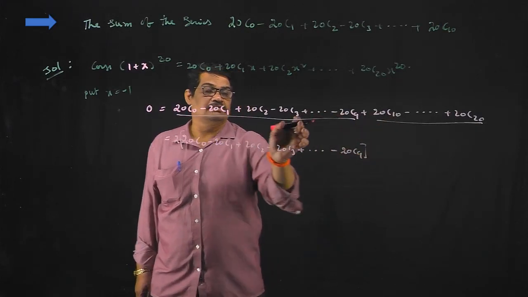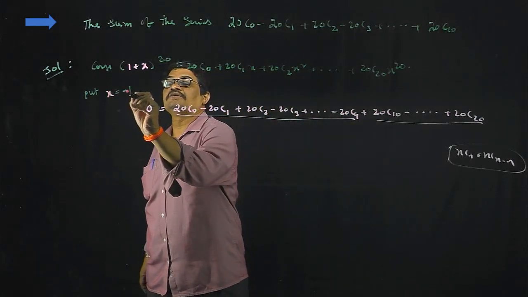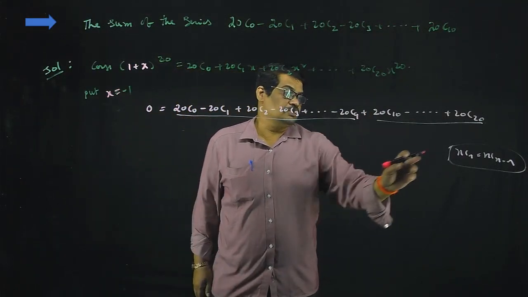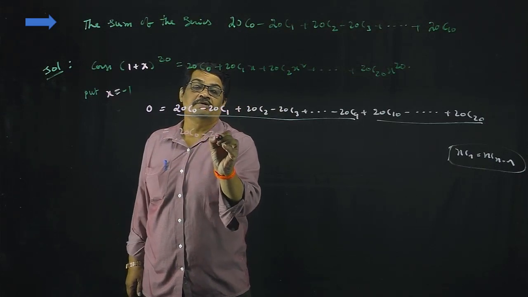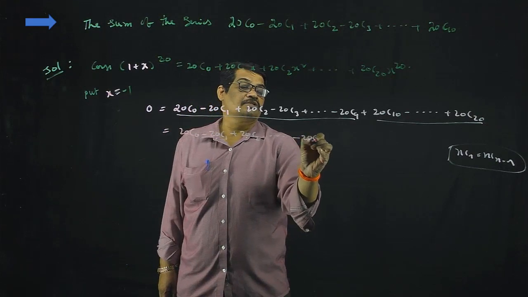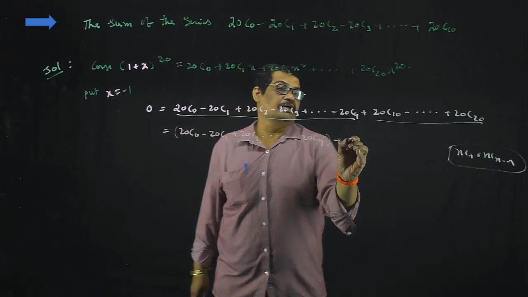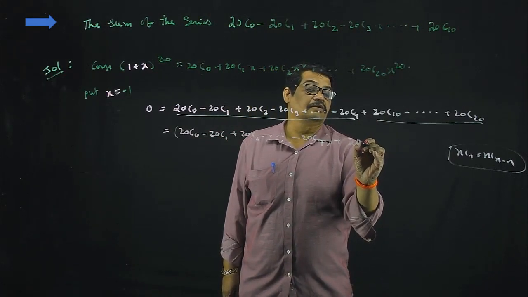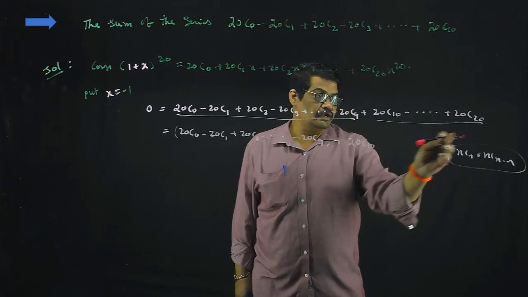Now putting x is equal to minus 1 in this expansion, we get this one. Using this formula, we write 20C0, 20C1 plus 20C2 and so on minus 20C9. Now this can be written as 20C10.